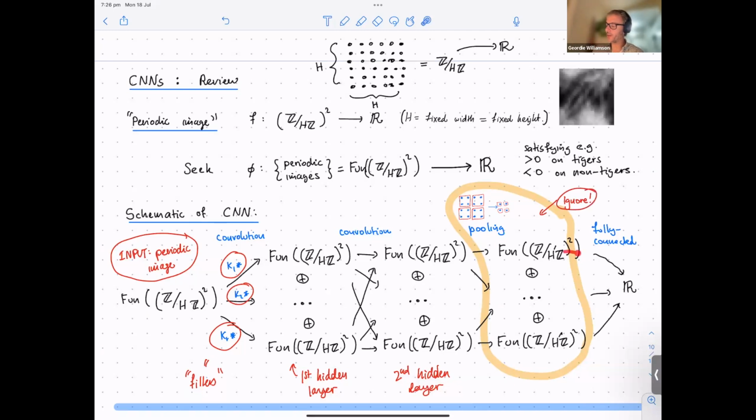And then finally, we do some fully connected layer down to R. I hope that this is a reasonably familiar picture from convolutional neural nets.